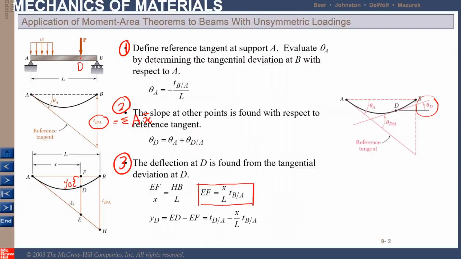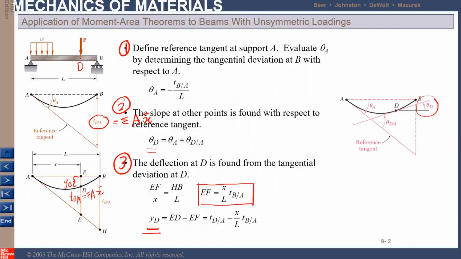To get the value of ED, this is just tB over A, and this point you can get from the area times X bar, from point D to point A. For EF, we can use this equation here. In the end, you will get the value of your deflection from this formula, and the same thing with your theta D. So it is straightforward.